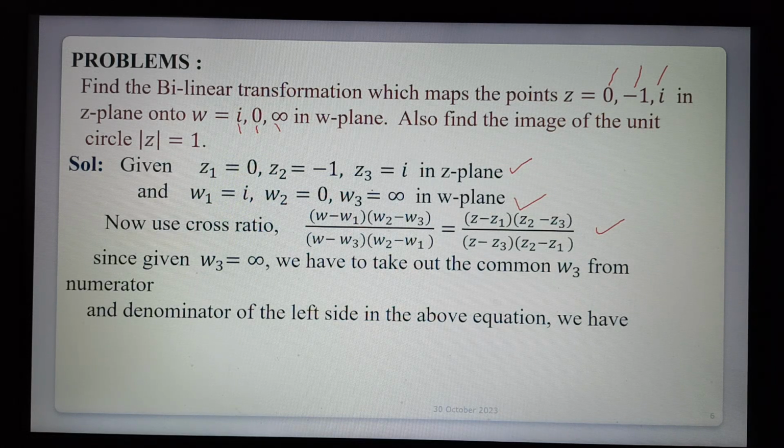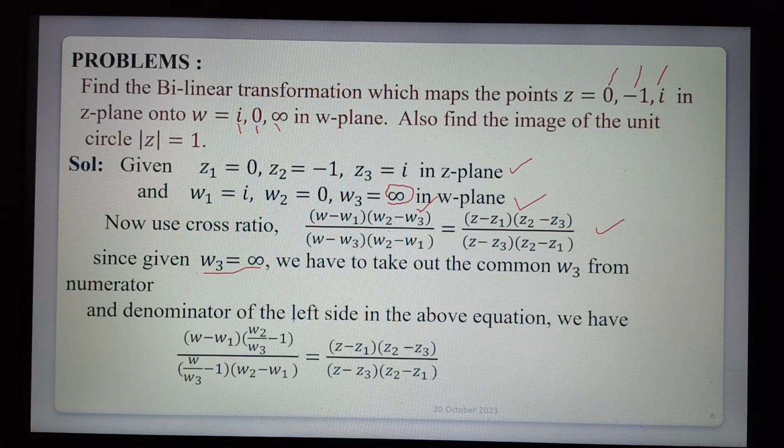One more thing here: w3 is equal to infinity, right? Directly substituting w3 equal to infinity is not defined. So now cancel the w3. Take out the common w3 from the numerator and denominator of the left side in the above equation.